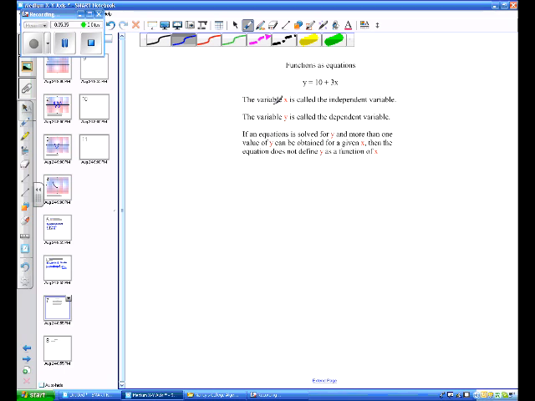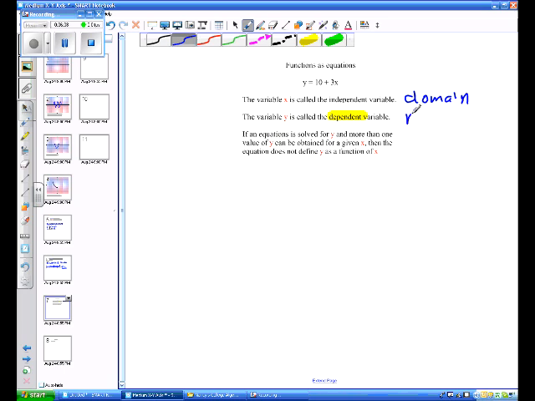Now, when we do, the variable x is called the independent variable, and it would be our domain. The domain is the set of independent variables. The variable y is called the dependent variable, and our dependent variable is also the range.